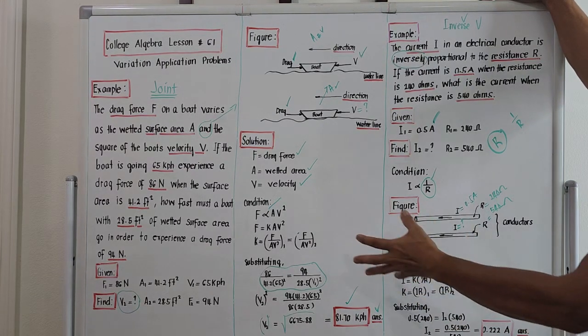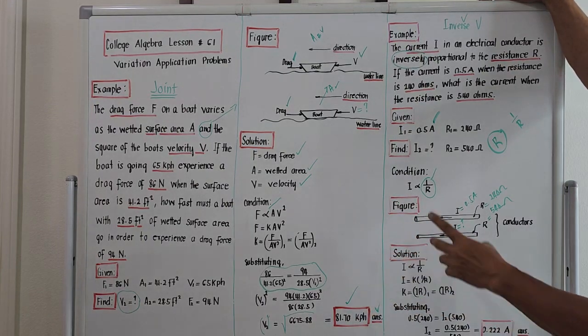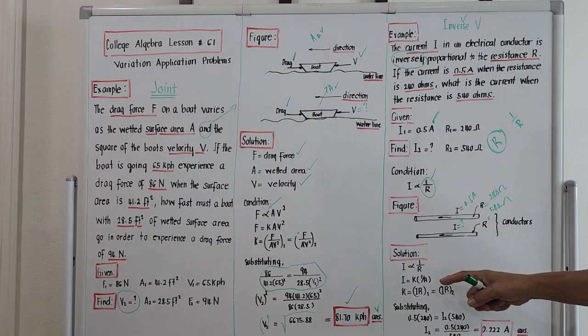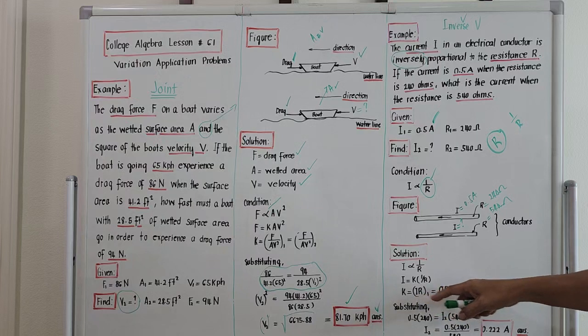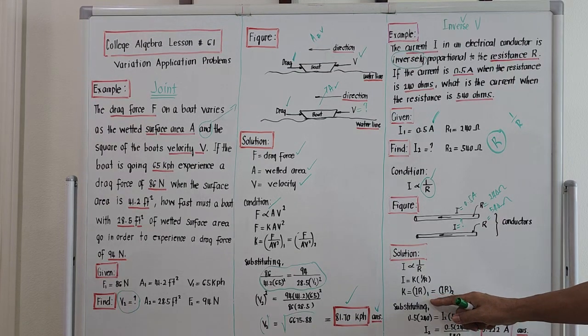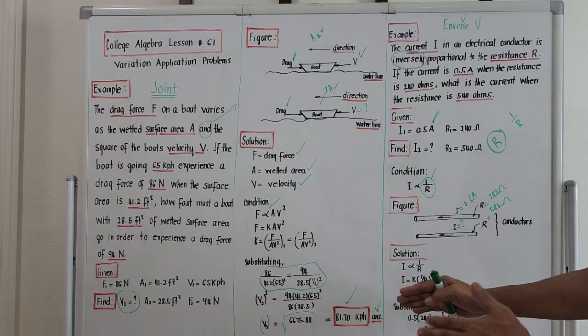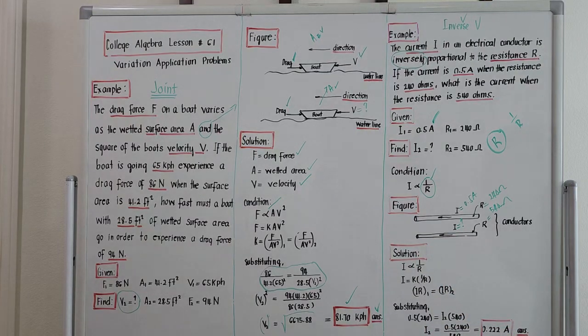Since this is an inverse condition, it should be 1 over R instead of only R. So if we compute for k, k will be the product IR. If we now try to solve for the unknowns, there should be a condition number 1 and a condition number 2, and we could forget the value of k because we have formulated already the equation and how to compute the unknown.